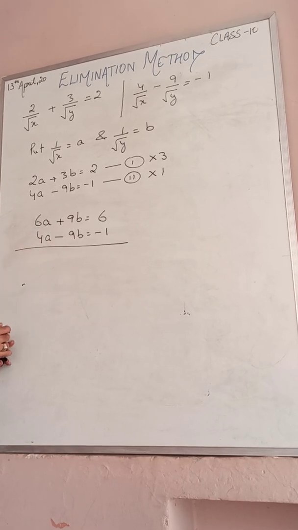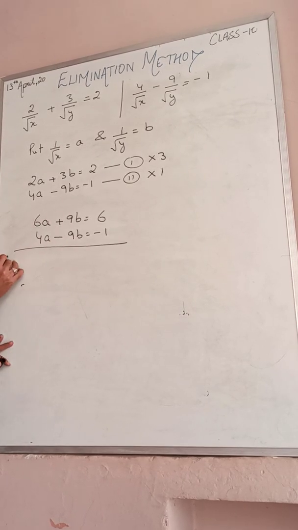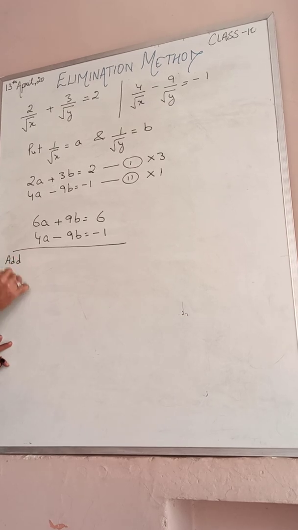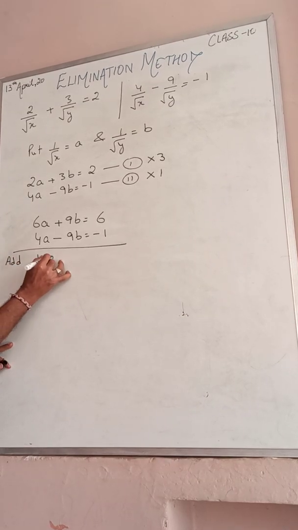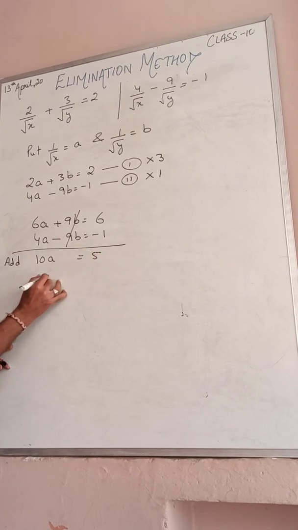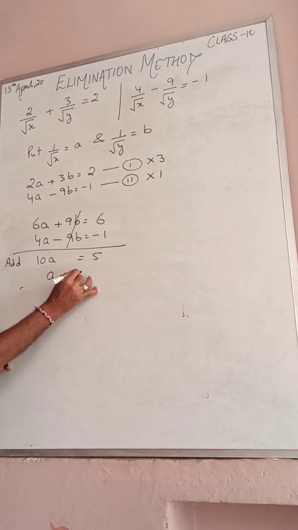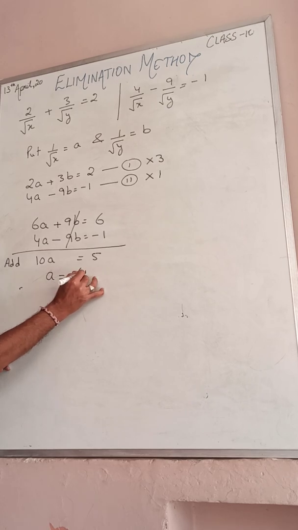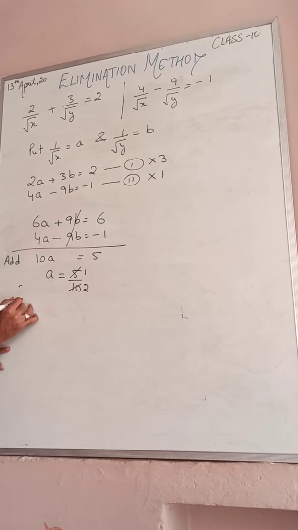Since the two signs of b are different, I add. When I add, it becomes 10a, b gets cancelled, equals 5. a is 5 upon 10, which gives me 1 upon 2.